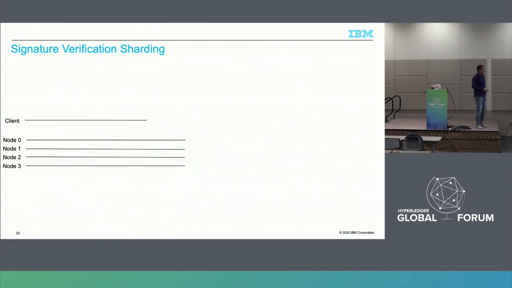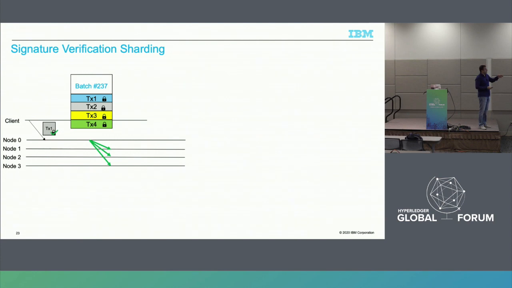Signature verification sharding, this is for client authentication. Of course, I didn't show this so far, but each client transaction is signed by the client signature. And essentially what we have in the protocol so far is, I didn't show these signatures, so they're verified by each and every node in the system.